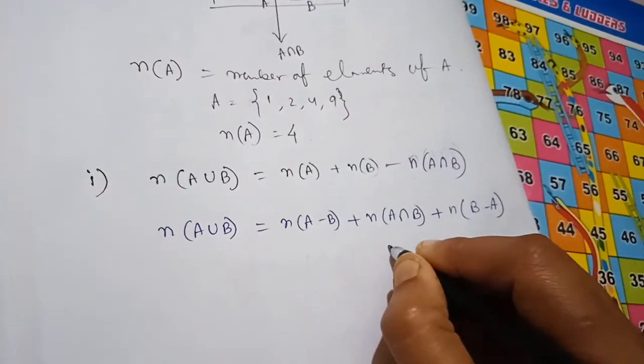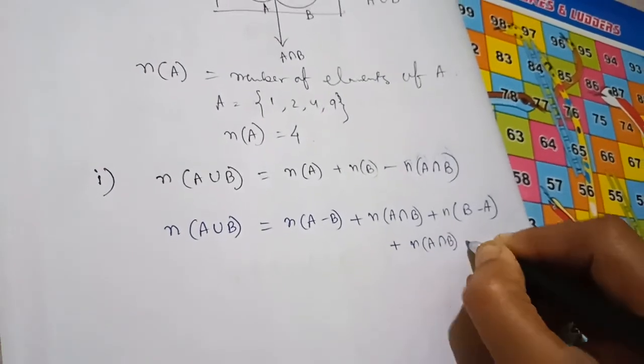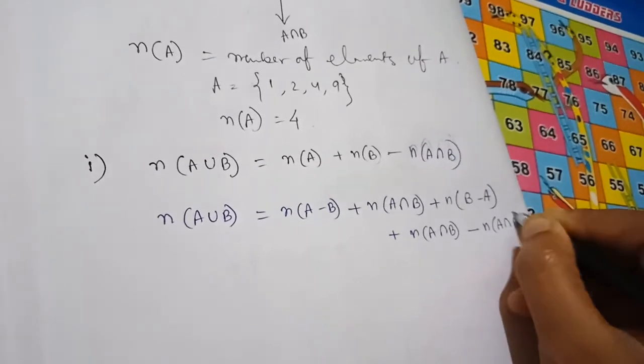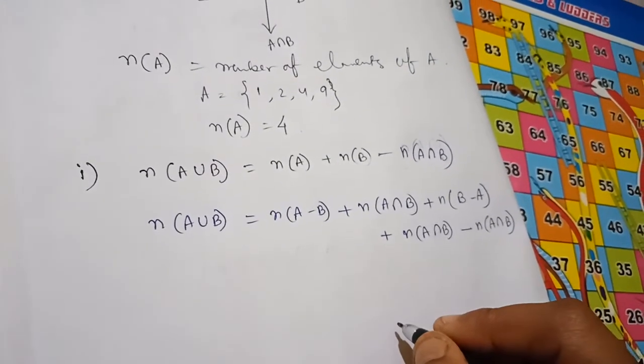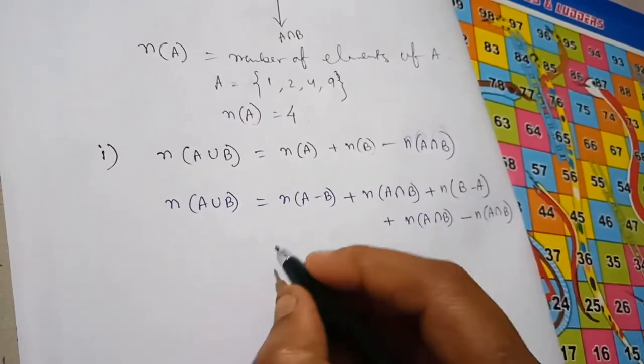Now I'm just adding n of A intersection B and subtracting n of A intersection B from it. So it is actually balanced now.